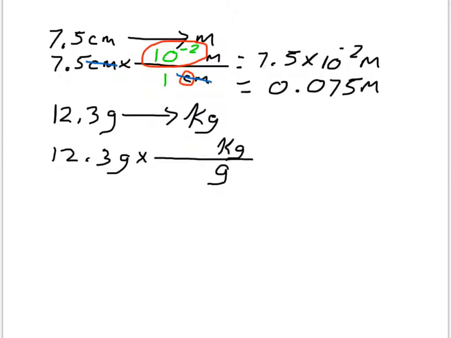And you know that 1 kilogram is 1,000 grams. How do you know that? Because you've learned your SI prefixes, and you know that the SI prefix kilo is the same as 10 to the 3. All right, kilo represents the number 10 to the 3.